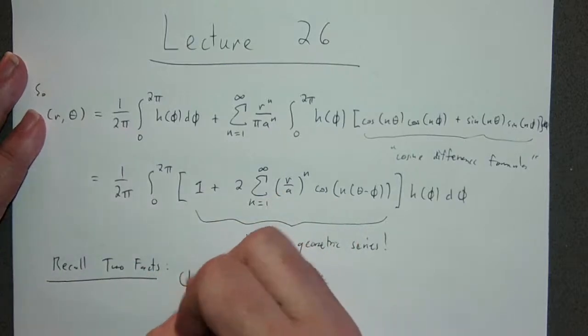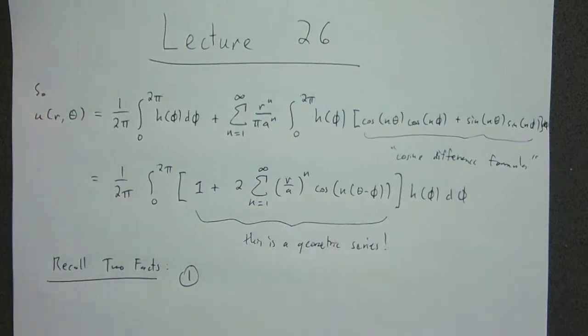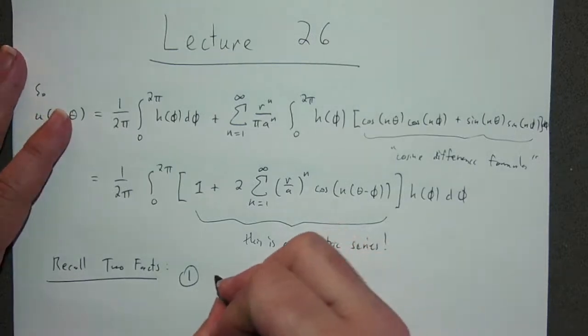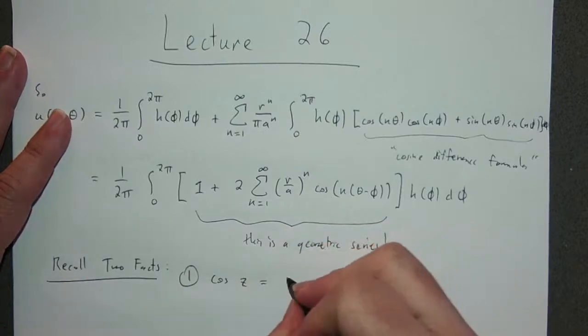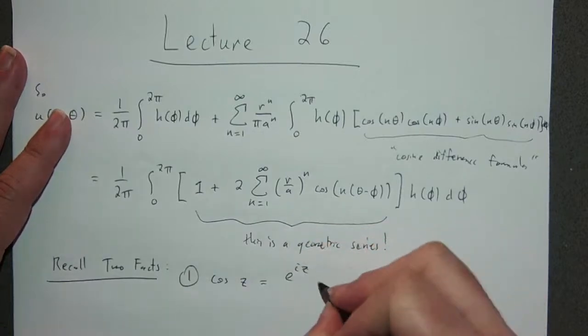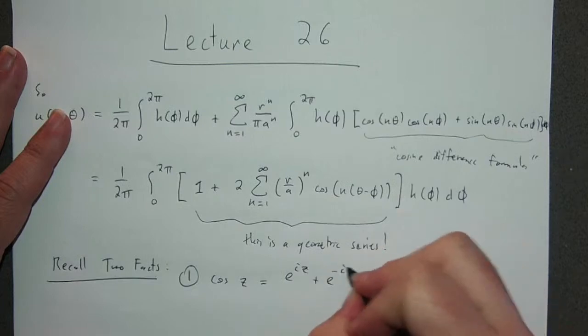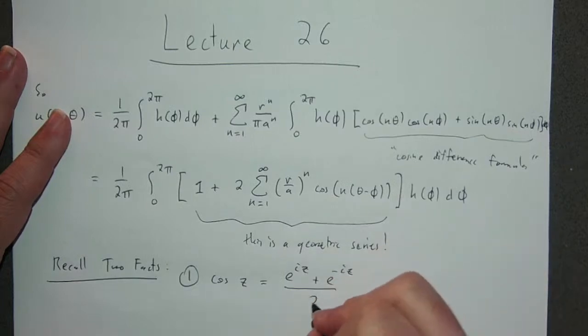One, that I can formulate cosine of a complex number in terms of complex exponentials. In fact, if you like, you could say this motivates the hyperbolic cosine, or you could say it the other way around, right? So cosine of z is e to the iz plus e to the minus iz over 2.